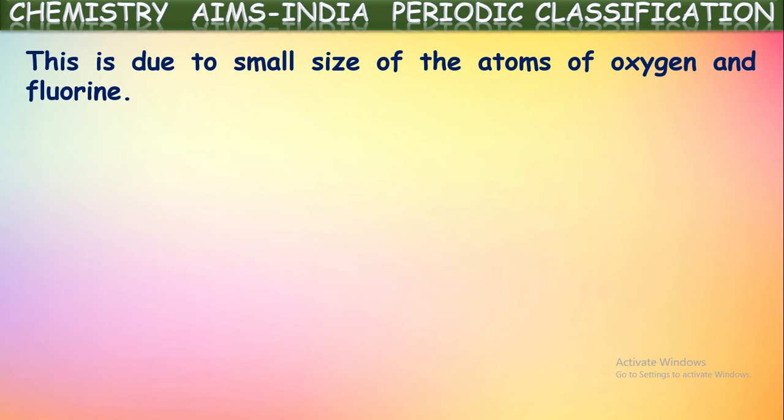Even though they have much tendency to attract electrons, because of their smaller size, if they gain an electron, they must utilize a certain amount of energy to overcome the repulsions between the electrons. That is why these elements have less electron affinity than expected.